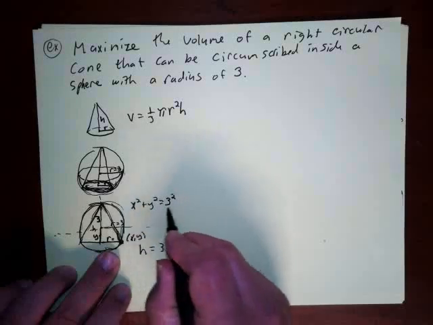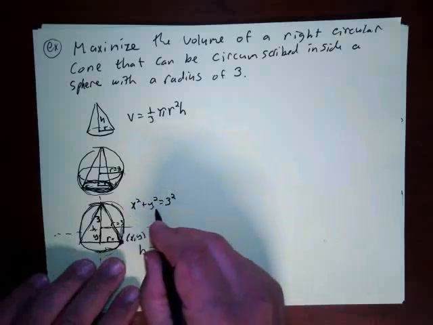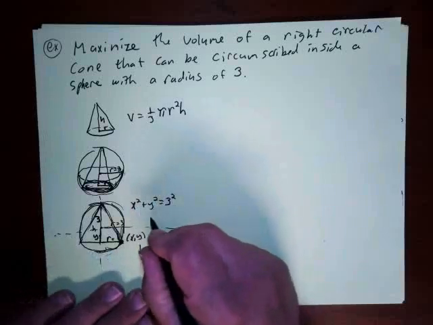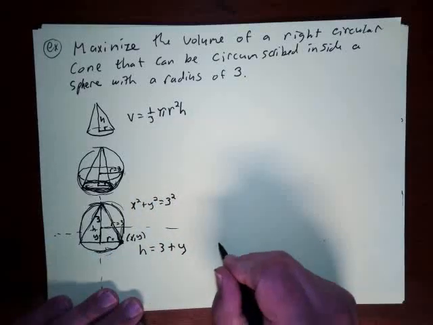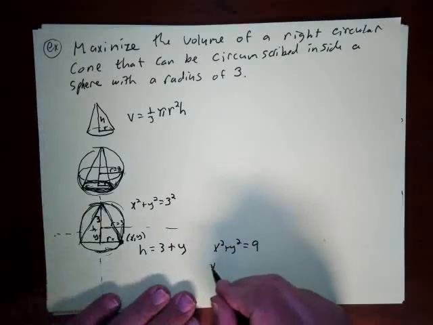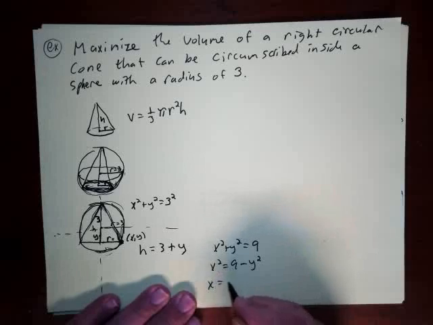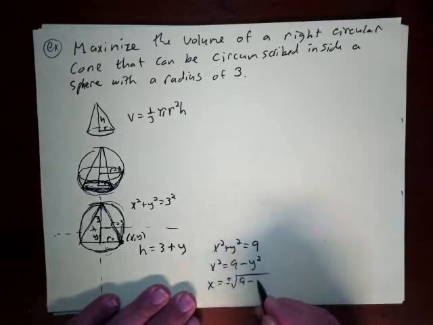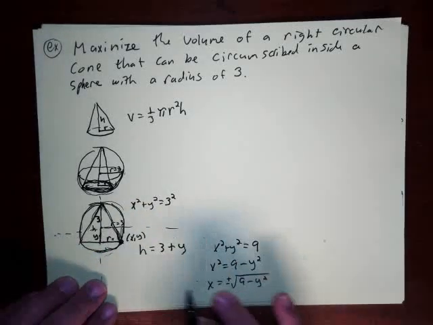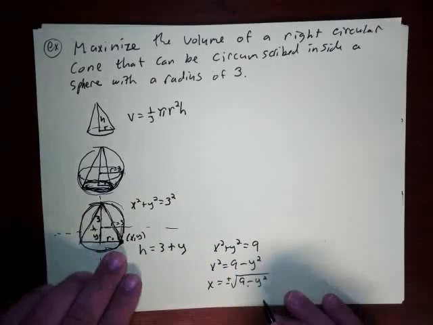So I'm going to solve this for x in terms of y. x squared plus y squared is equal to 9, so x squared is equal to 9 minus y squared. Then x is plus or minus the square root of 9 minus y squared. You would get a positive here and a negative over here, and we're going to take the positive one.